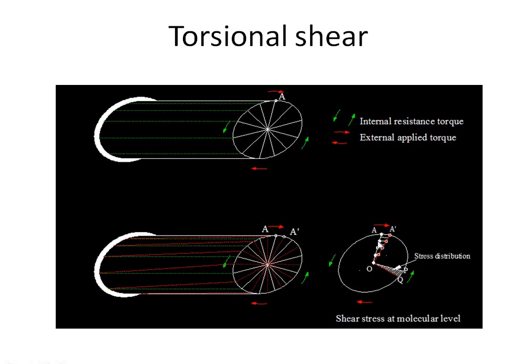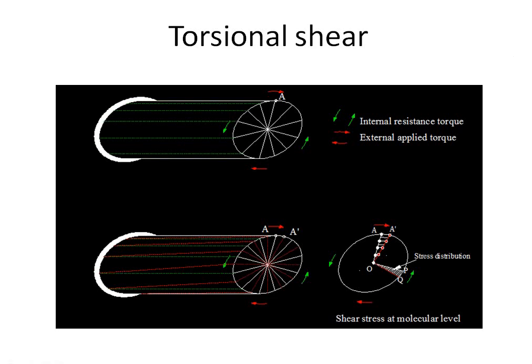Let me clear it once again. At the point A it has moved to A dash, so the distance is larger. When you are coming downwards, the distance of the particle which was previously there, and after loading has moved to the red zone, keeps on decreasing, while when it reaches O, the movement is nil.